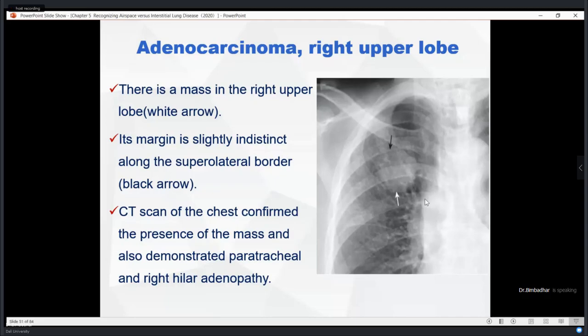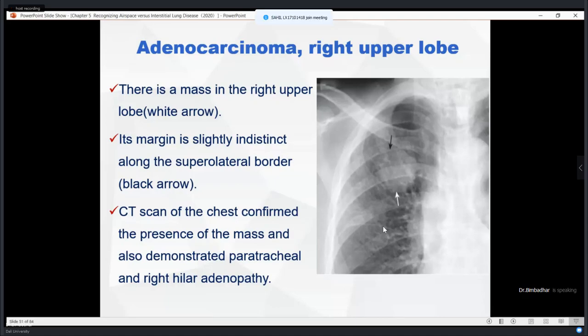So you can also see paratracheal lymphadenopathy. You cannot generally appreciate lymphadenopathies on a conventional radiograph. There are 6 groups of lymph nodes along the hilum, but we generally cannot appreciate them on an X-ray like this.